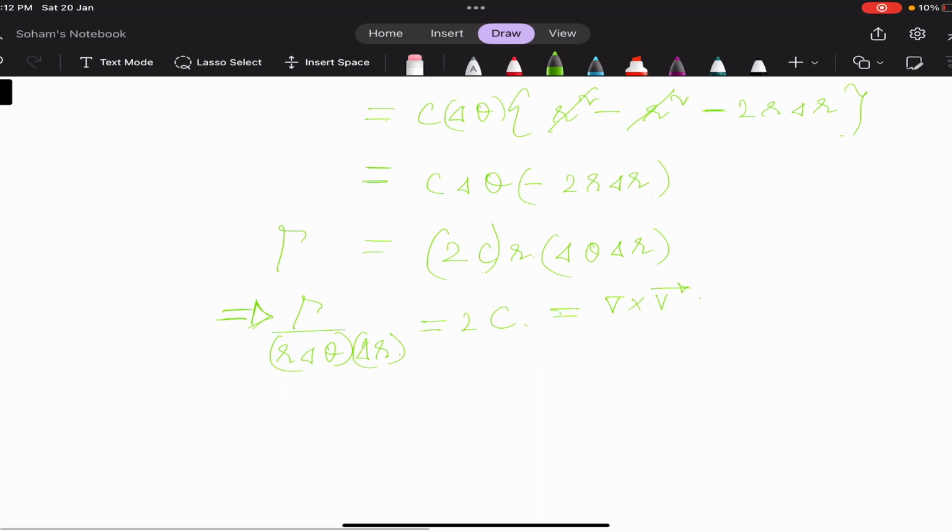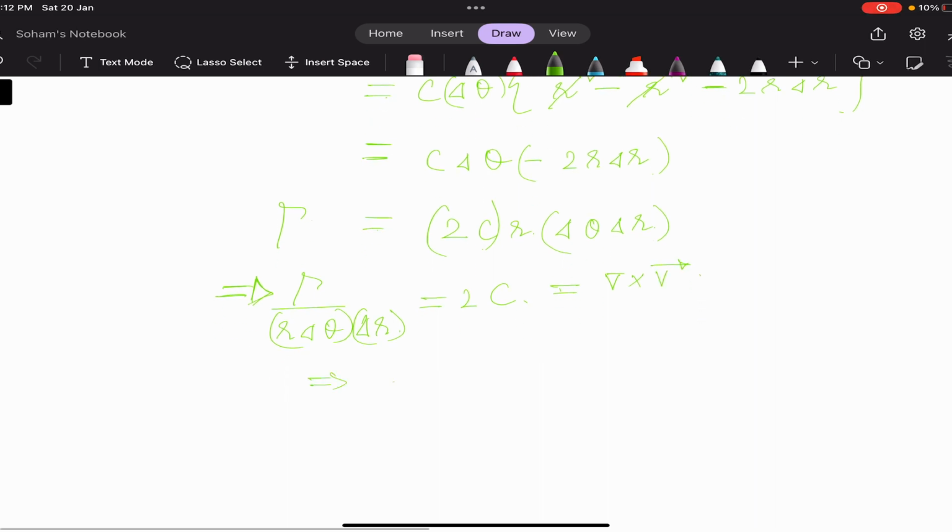So we can see that tau by area, circulation by area of the contour, is equal to vorticity.